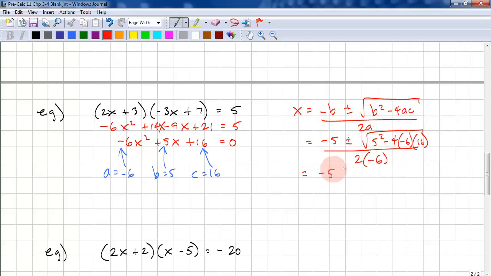So we have -5 plus or minus square root 25, and 4 times 6 is 24. 24 times 16 is 384. And that's over -12. And we'll simplify this. We get 409. 409 is not a perfect square.